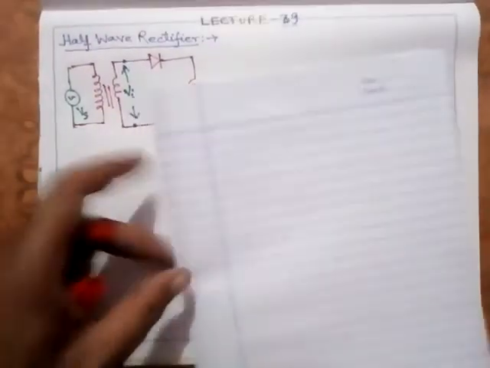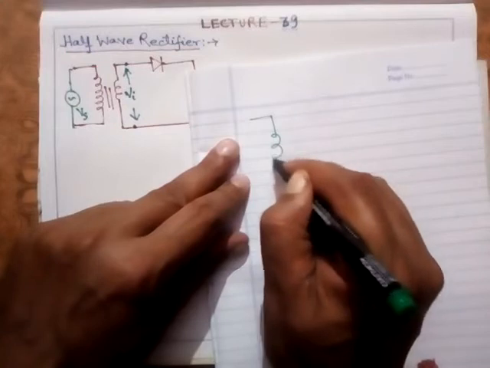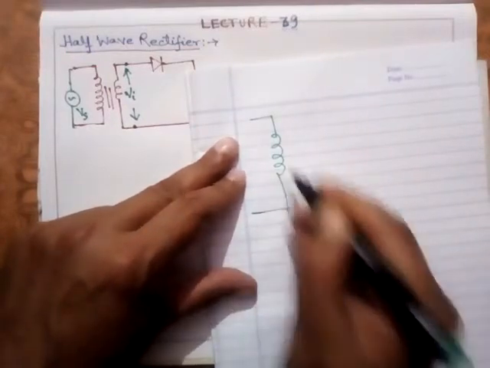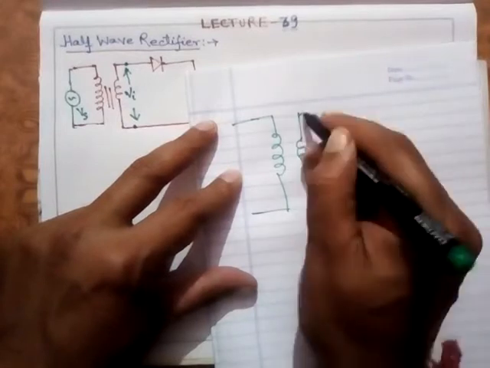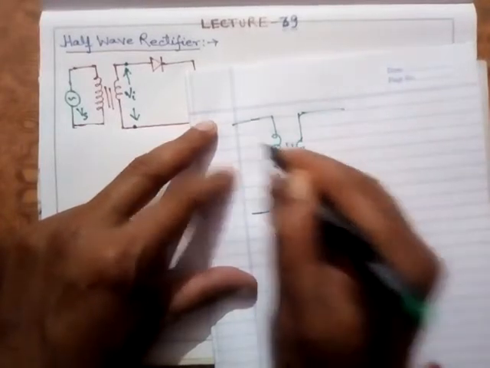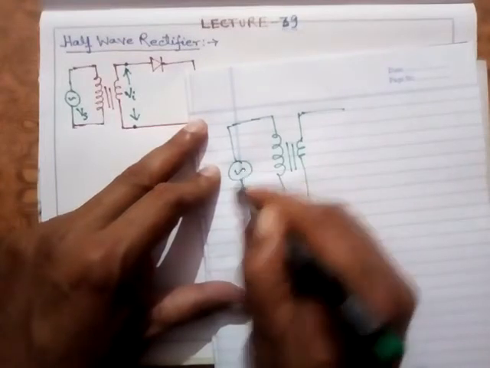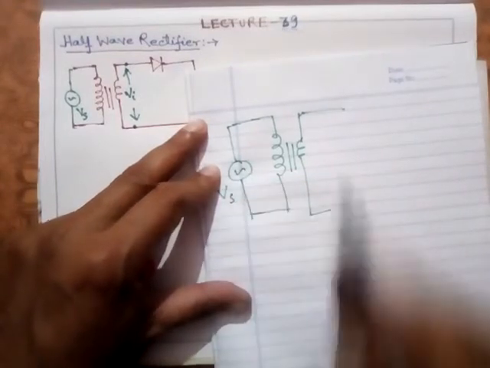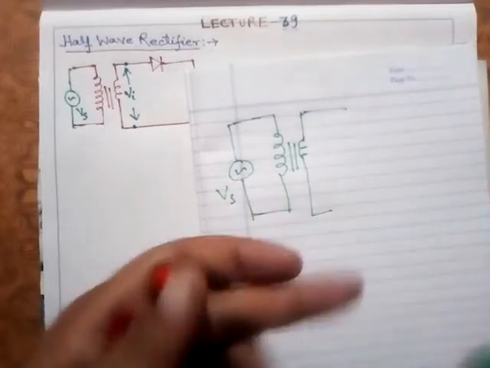Now try to understand this. You have this transformer here, and I am taking only this section of the transformer. This is the input supply voltage Vs, and it has been stepped up or stepped down depending on the turns ratio.